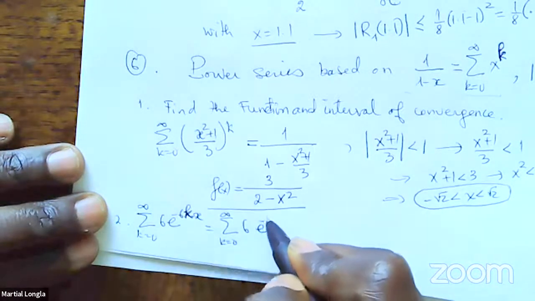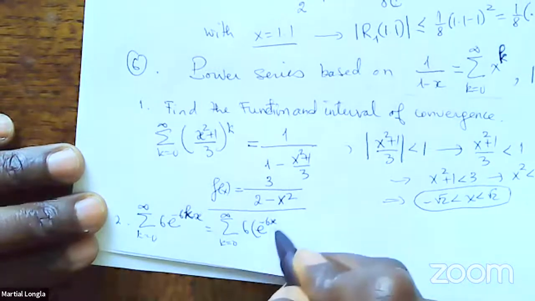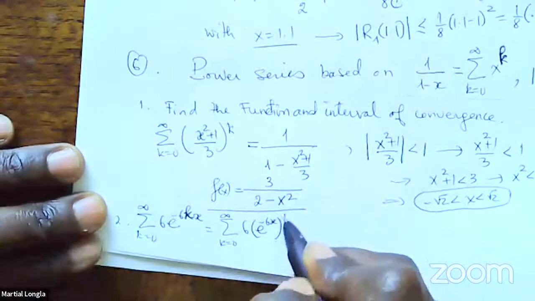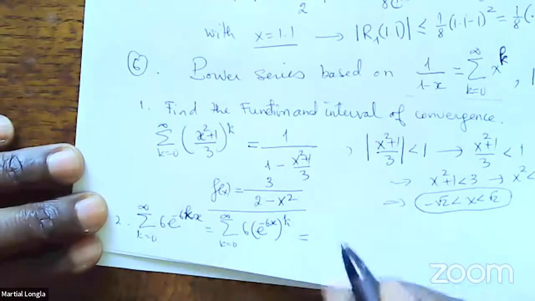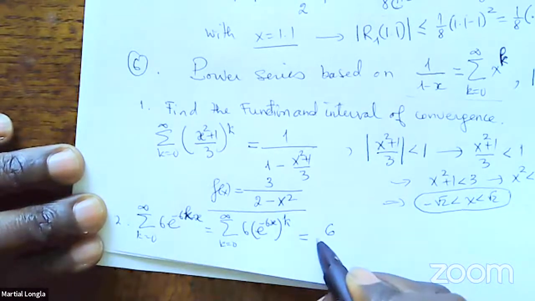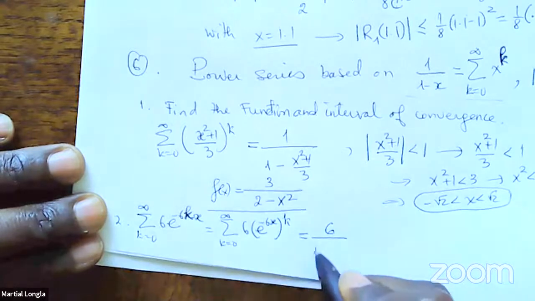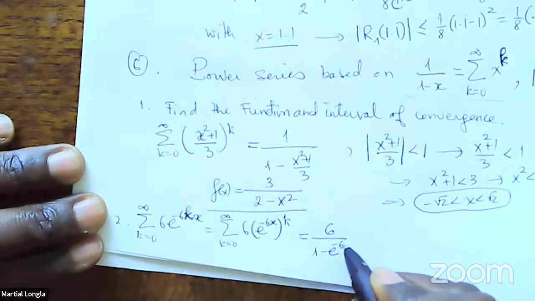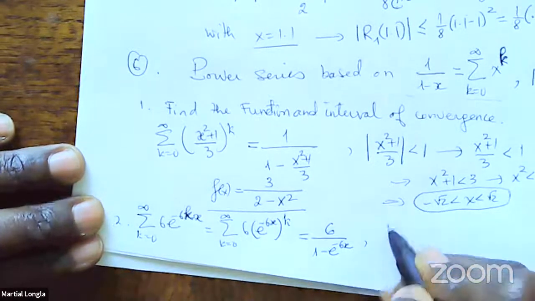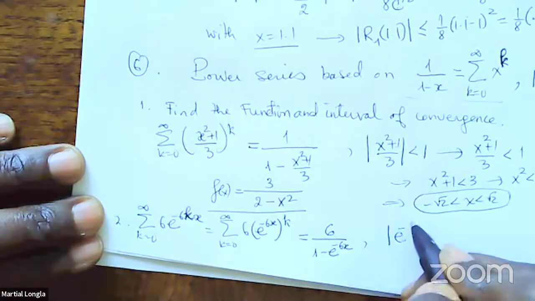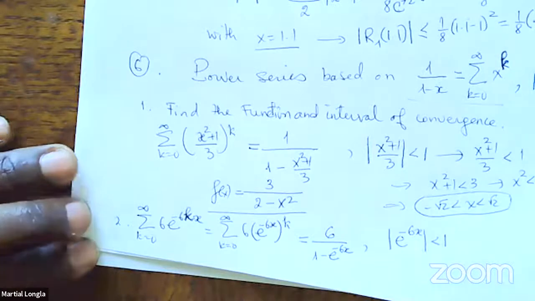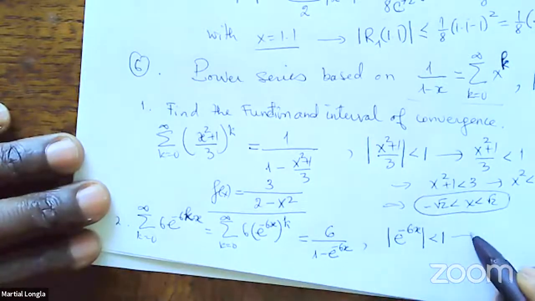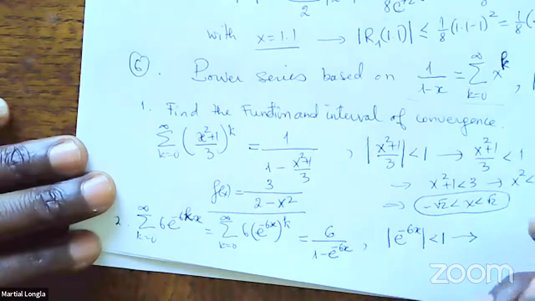So this is negative 6x raised to the power k. And thus that is 6 over 1 minus e to negative 6x, when the absolute value of e to negative 6x is less than 1. And nothing else to do. All you've got to do is use that to find the interval.